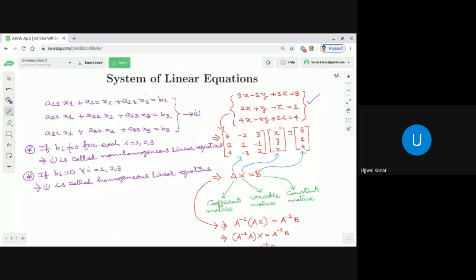These are the different terminologies, dear students. So for the example you see, when will it become a homogeneous linear system?